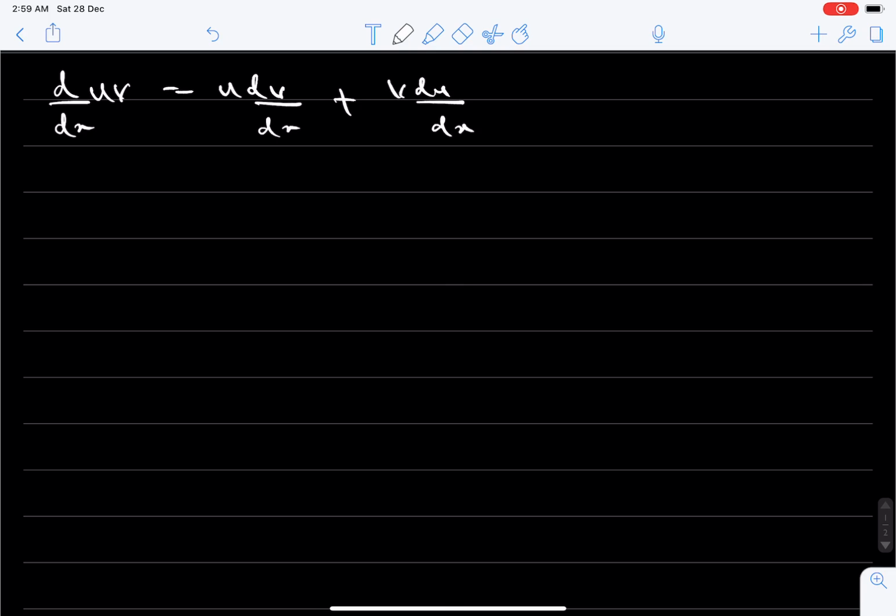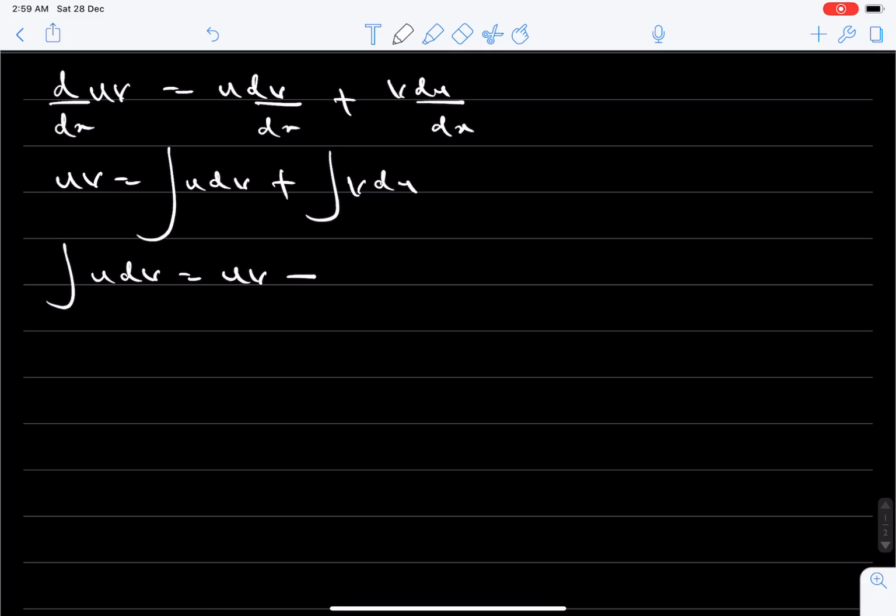If we integrate all through, that means uv is equal to the integral of u dv plus the integral of v du, which means the integral of u dv is the same as uv minus the integral of v du.